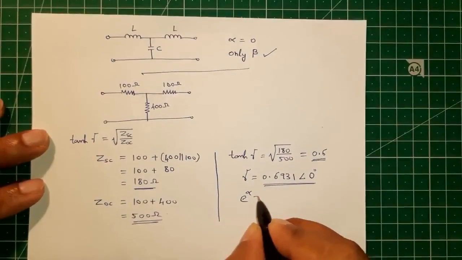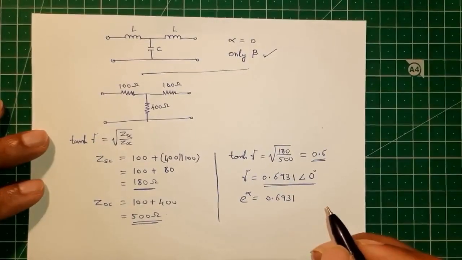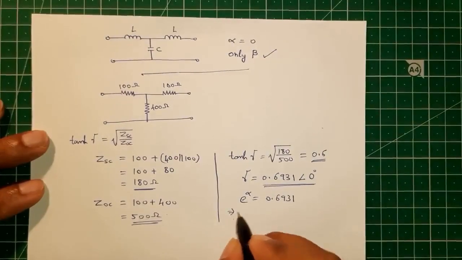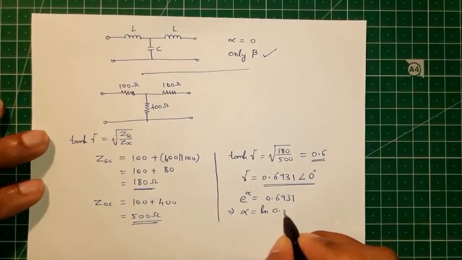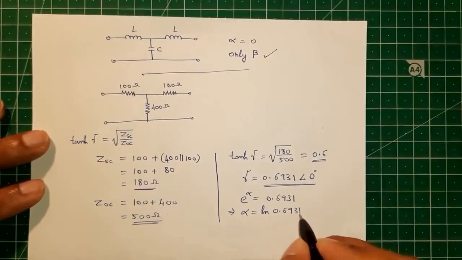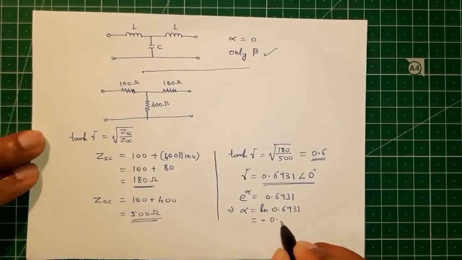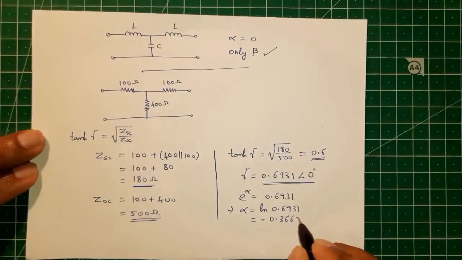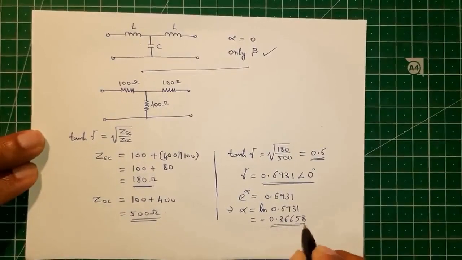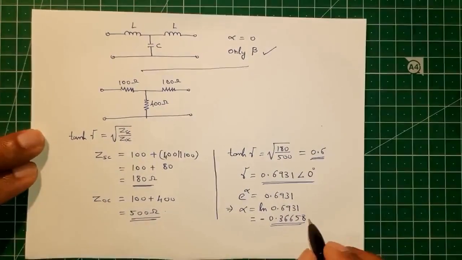So we have e power alpha equal to 0.6931, so alpha is equal to the natural logarithm of this, which is minus 0.358. The unit is Neper.